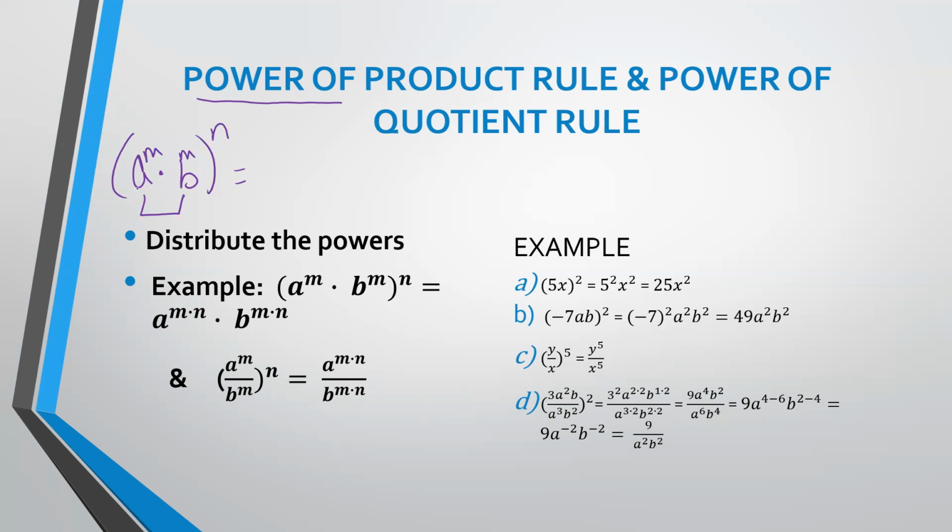We can't do that. However, I could say, I have A raised to M, and since I'm raising it to another power, I'm multiplying the powers, times B raised to M, and I'm raising it to another power, so I'm multiplying that power. So this would be my final answer because I don't know the value of A, B, M, and N.